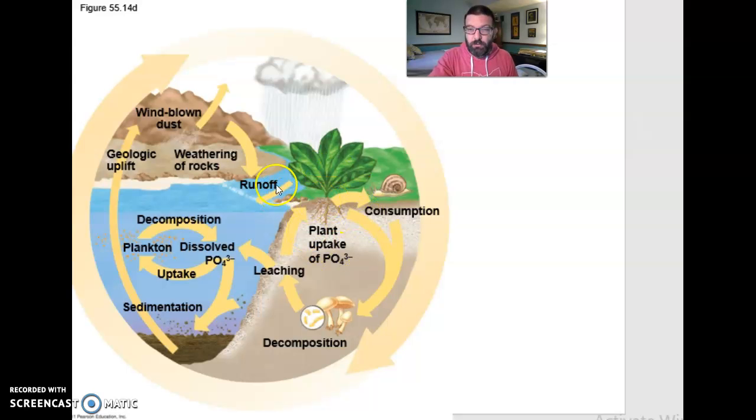It tends to cycle locally, but if it runs off into water, again, the oceans can move it a little bit more far and wide. And then living organisms tend to die, or it tends to kind of resettle at the bottom of the ocean, and it turns back into sedimentary rock, and that's that cycle, right? That rock is then uplifted by the processes of the earth, and then it erodes again, and then it becomes available to organic molecules one more time.